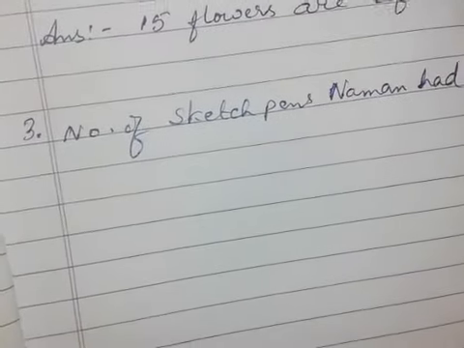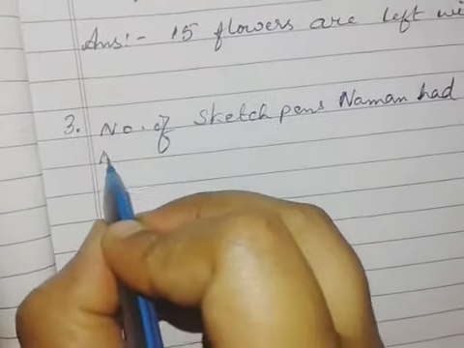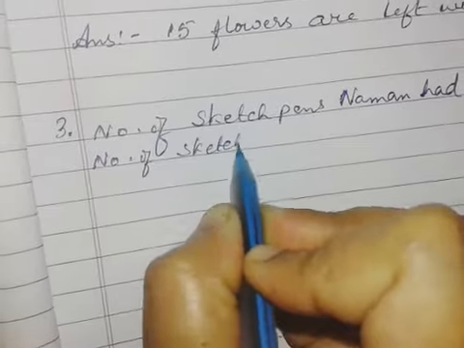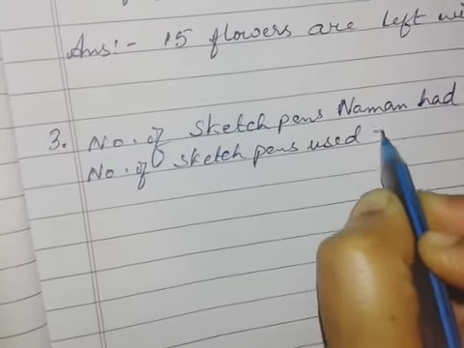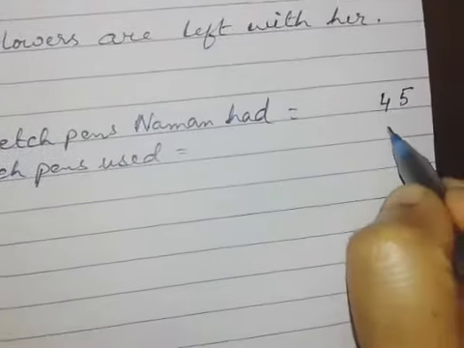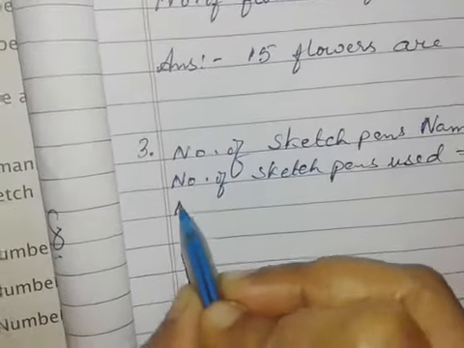So I will write 45 at the end of the line. And the other number is number of sketch pens used. What is the number? That is 26. At the end of the line, 26. And we have to find out the number of sketch pens left.